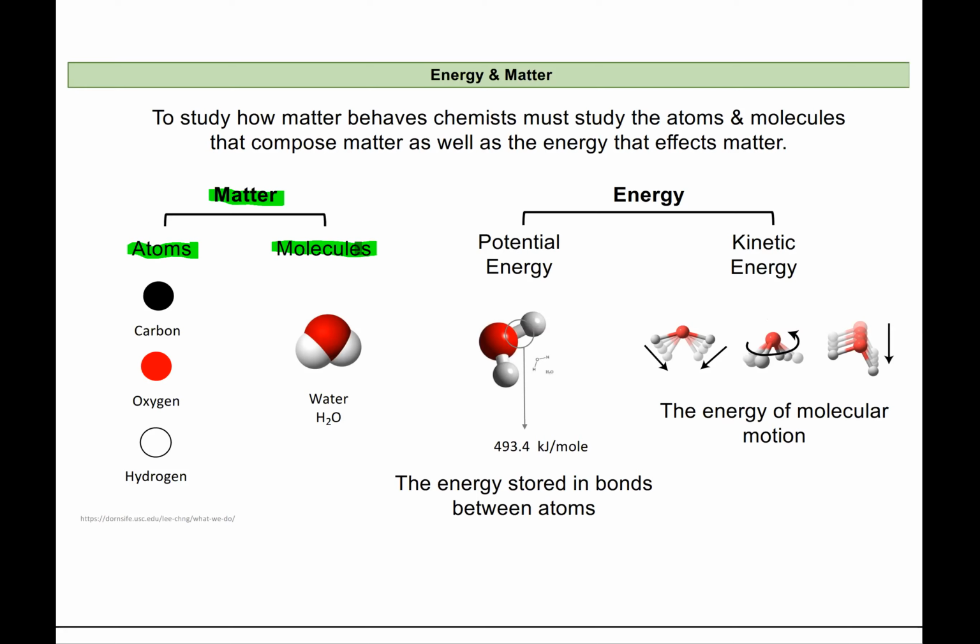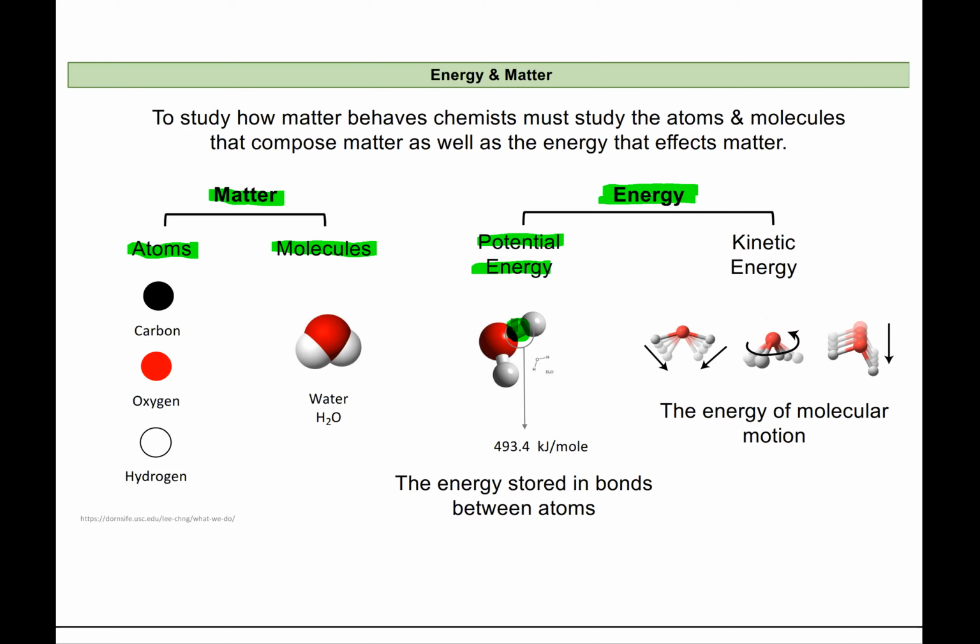So now we're gonna talk about those chemical reactions a bit more, and we're gonna look at the energy that's involved in chemical transformations. Within this category of energy, we have two types. We have potential energy, and this is really the energy that's stored in chemical bonds.